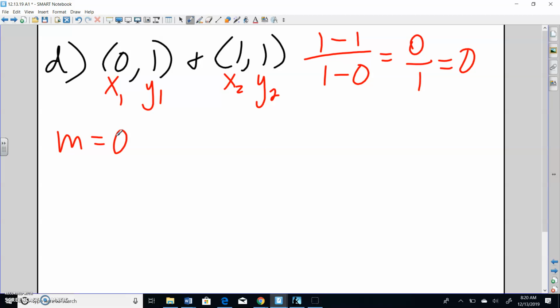What do we need to do now, James? We've got our slope. So which point do I want to use? Okay. So that means x equals 1 and y equals 1.